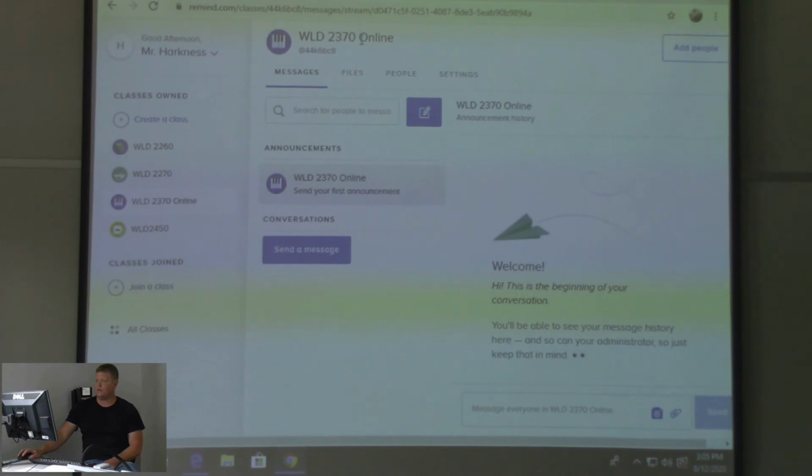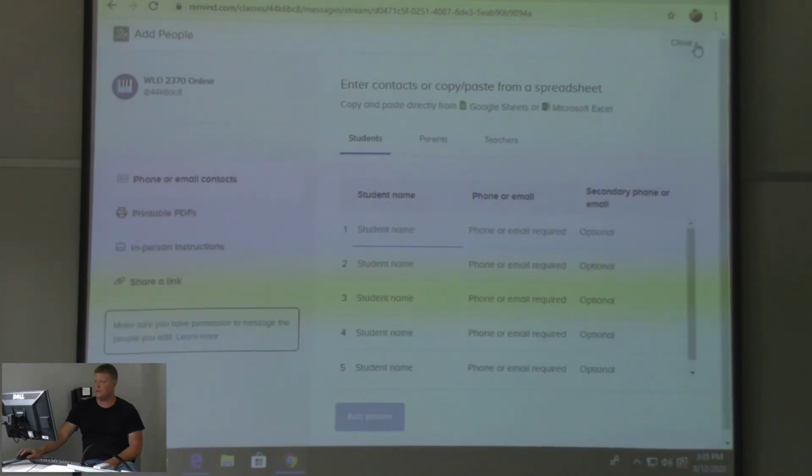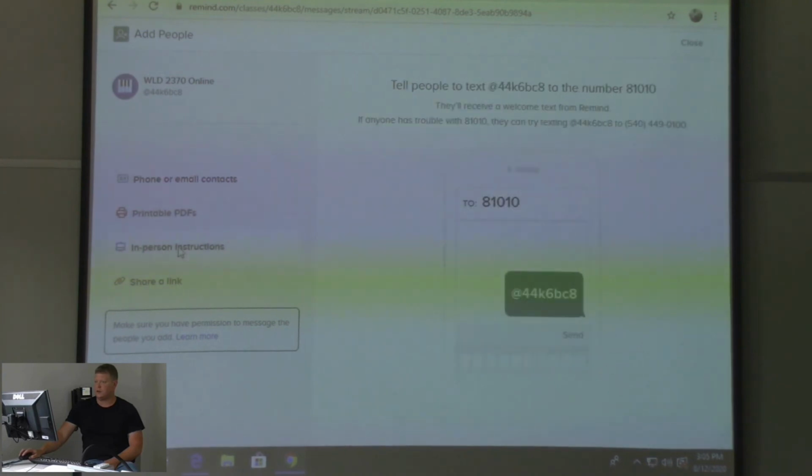So WLD 2370 online, we're going to go add people, in-person instructions. Okay, so what this is, you pull out your phone right now and you're going to send a text message to 81010 with the message at 44K6BC8. Right there on the board if you can see it.